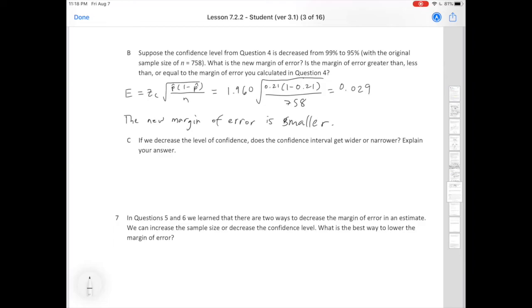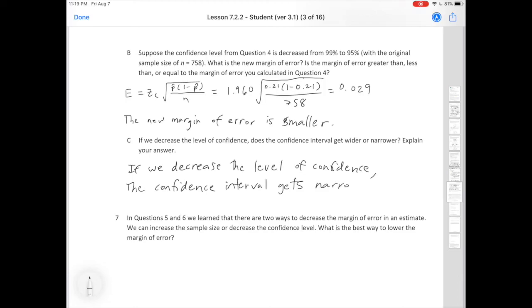So what did we learn from this? We learned that if we decrease the level of confidence, the confidence interval gets what? Narrower, right? So the confidence interval gets narrower.